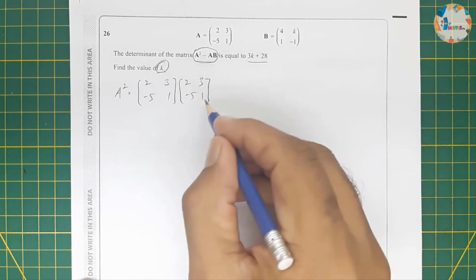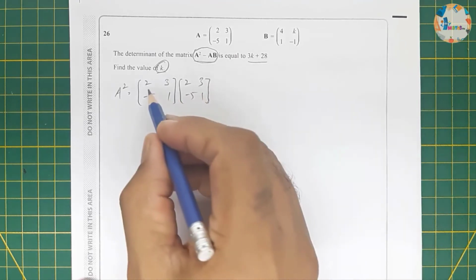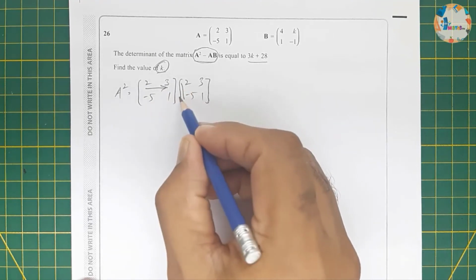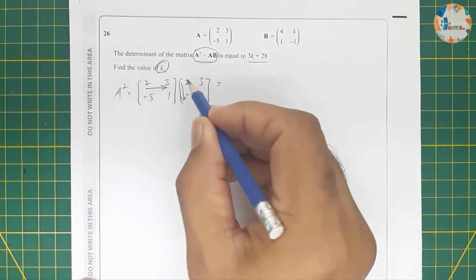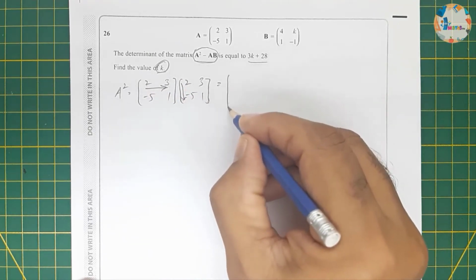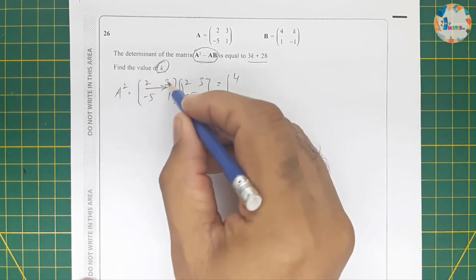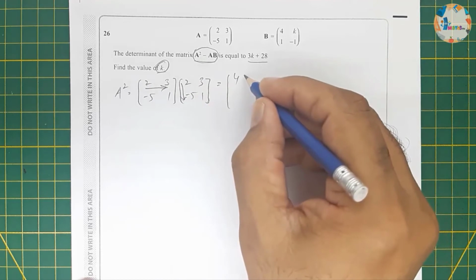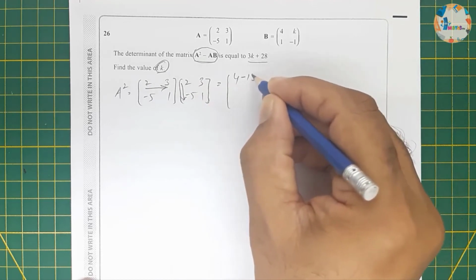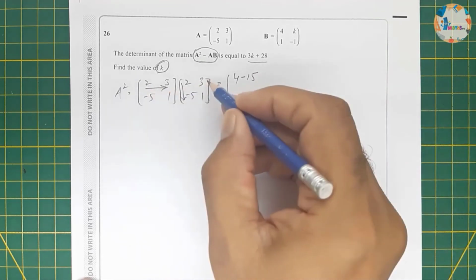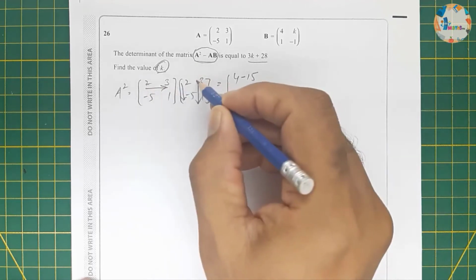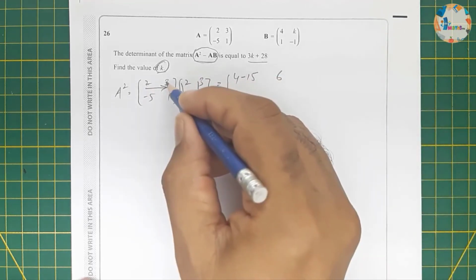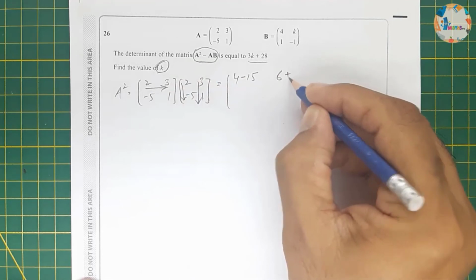So this will be multiplication, and we know multiplication is first row, first column. This will be 2 into 2 will be 4. So 4 and 3 into minus 5 will be minus 15. This will be the first term. Then first row, second column, 2 into 3 will be 6, and 3 into 1 will be 3.